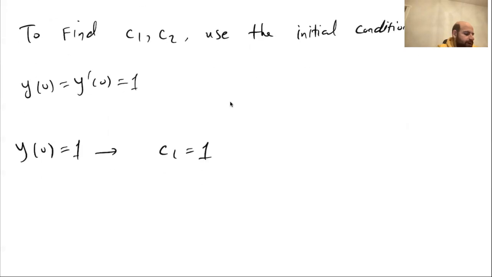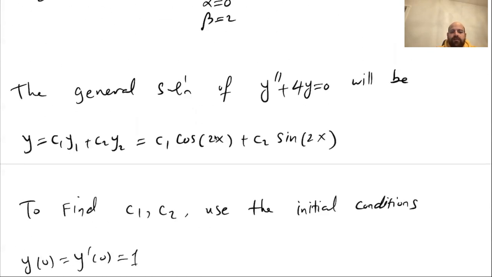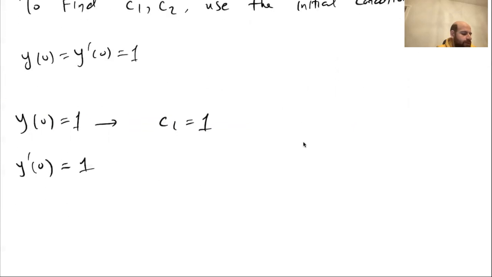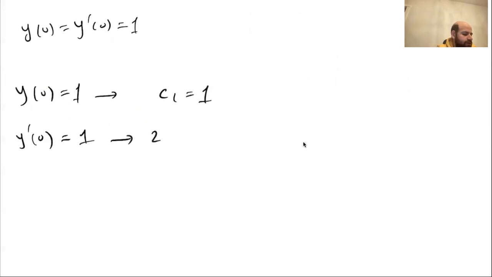What about y prime of 0? y prime, the derivative of this function at 0. The derivative of this function will be minus 2c1 sine 2x, at 0 that's 0, plus 2c2 cos 2x, at 0 will be 2c2. So 2c2 will also be 1. That gives me c2 equals 1/2.